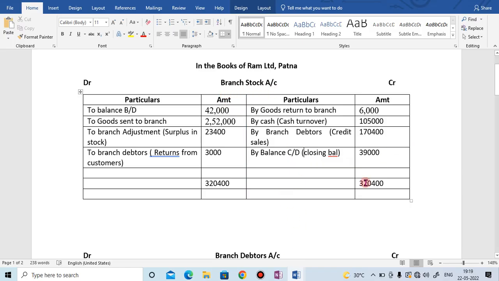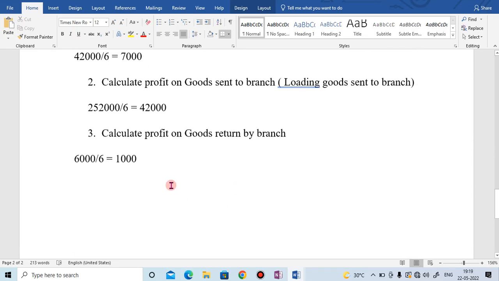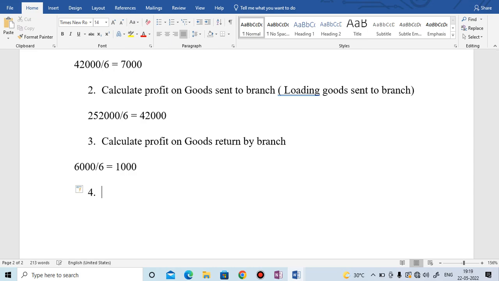So on this closing balance we have to find the loading. So calculate profit on closing stock. Closing stock amount is 39,000 divided by 6.